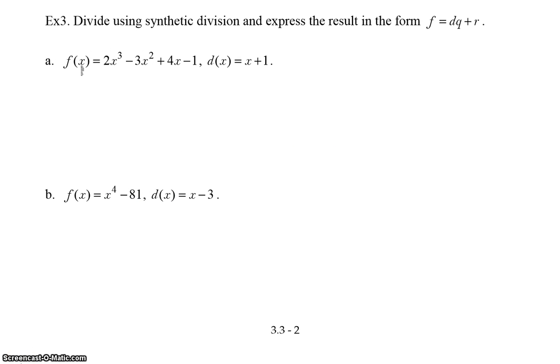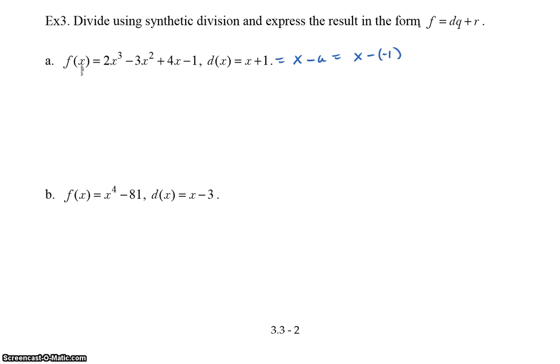Now let's look at a few additional examples of synthetic division, expressing our results in the form divisor times quotient plus remainder. Here we have a third degree polynomial which we want to divide by a linear divisor x plus 1. Now we want to match x plus 1 up to x minus a. And in this case, a would have to be negative 1.